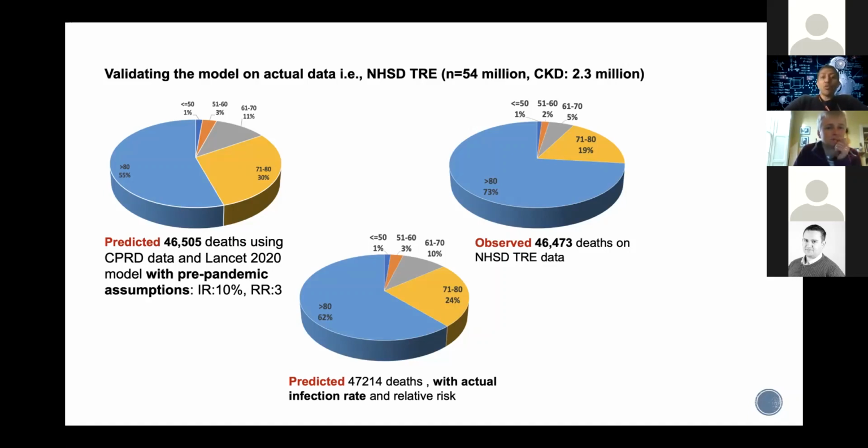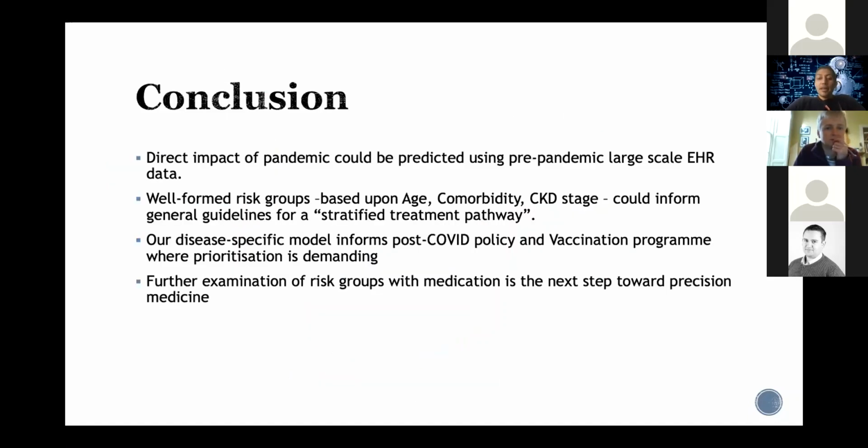And once we can predict very close to the real observation, then we can have control over the policy and guidelines, and that's the ultimate goal of this research, to have an impact on some policy and guideline for the prioritization of the pandemic.